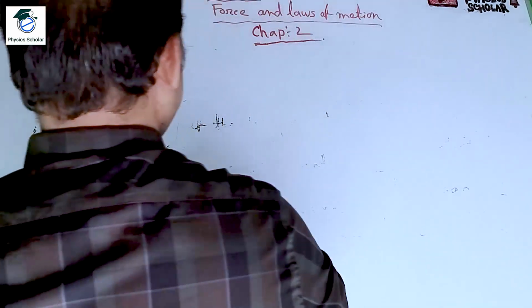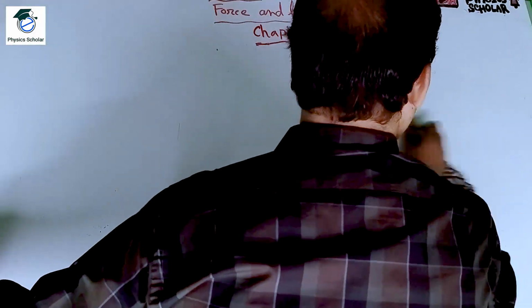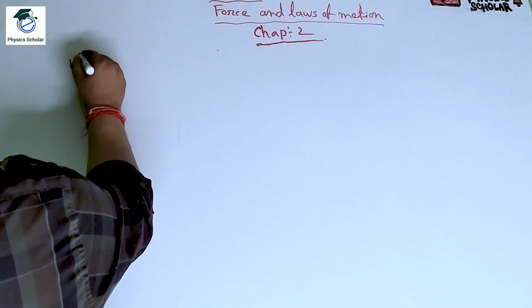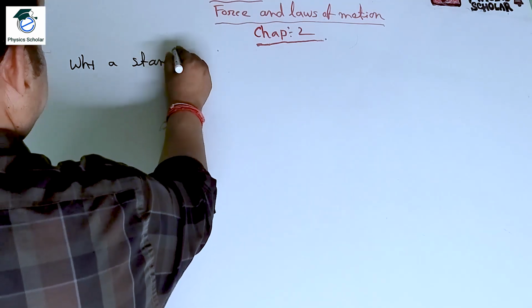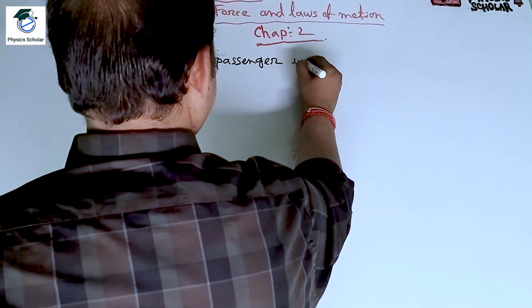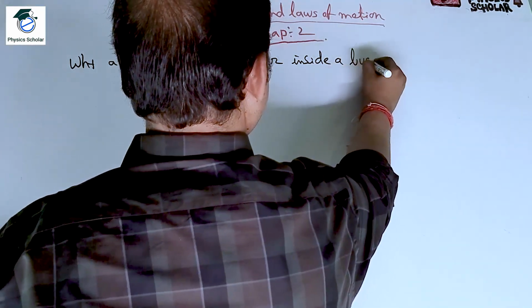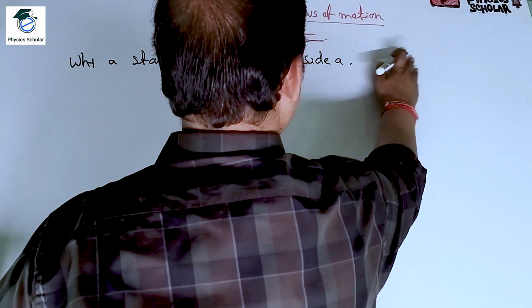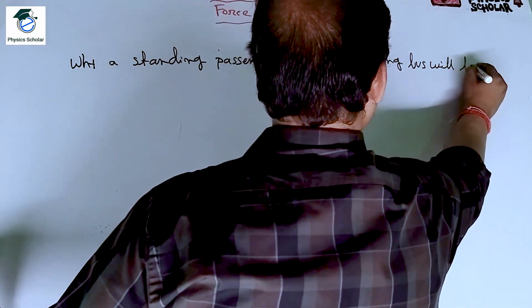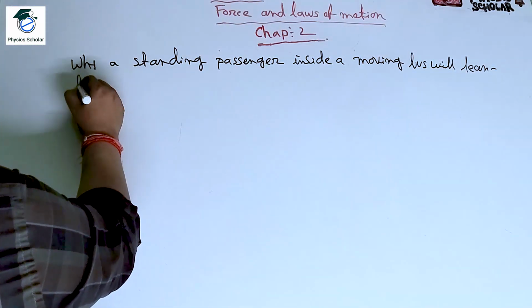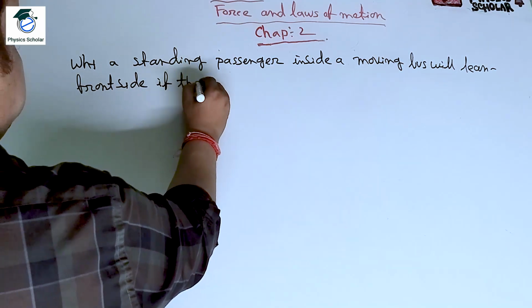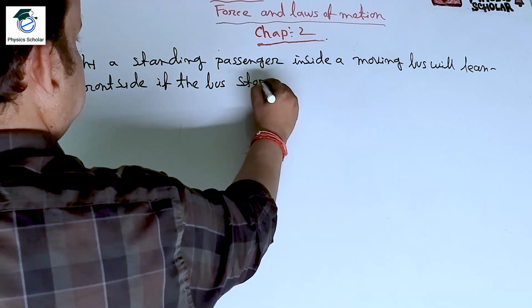Why does a standing passenger inside a moving bus lean to the front side if the bus stops suddenly?